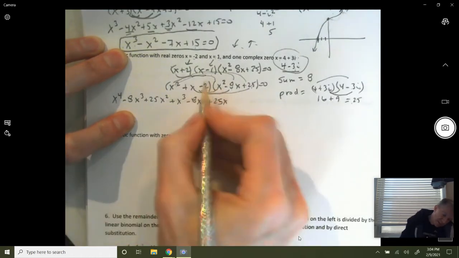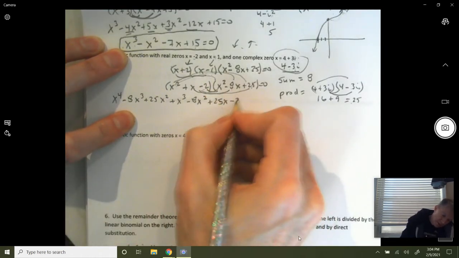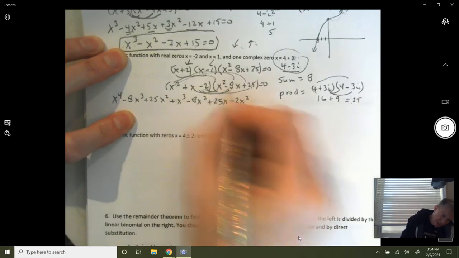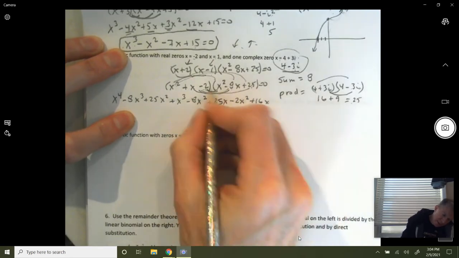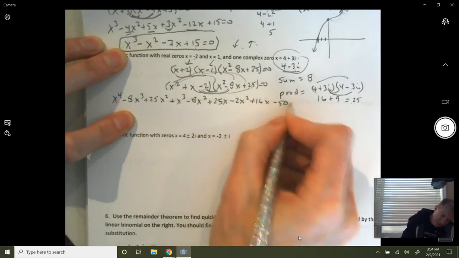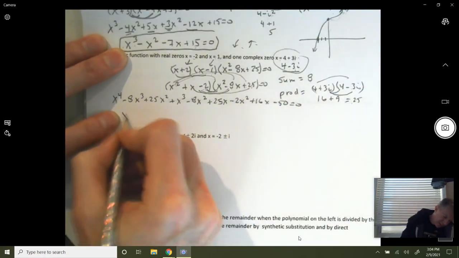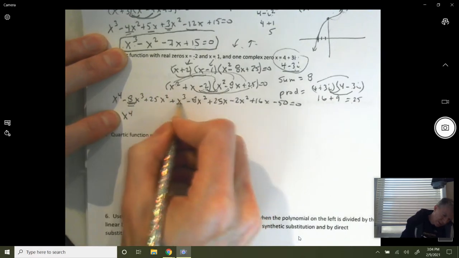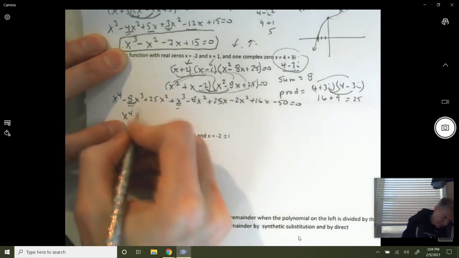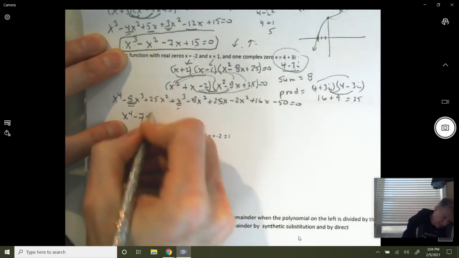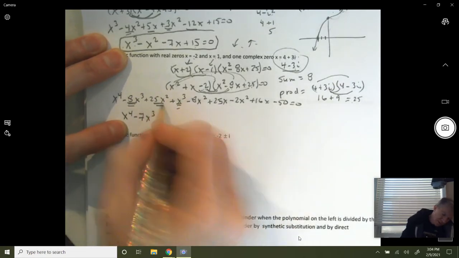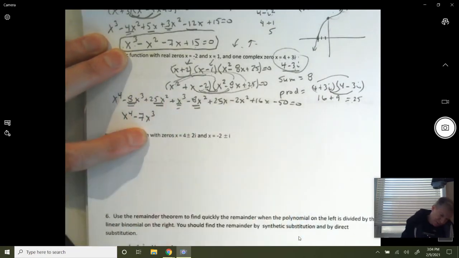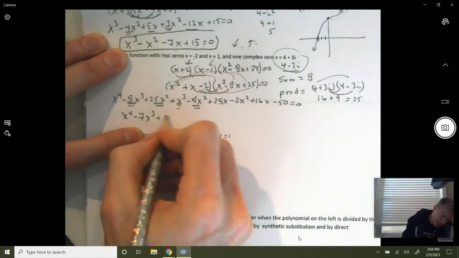And the last, -2 times the trinomial gives minus 2x squared plus 16x minus 50 equal to 0. So I've got x to the 4th, minus 8x cubed plus x cubed is minus 7x cubed. 25x squared minus 8x squared is going to give us plus 17x squared.